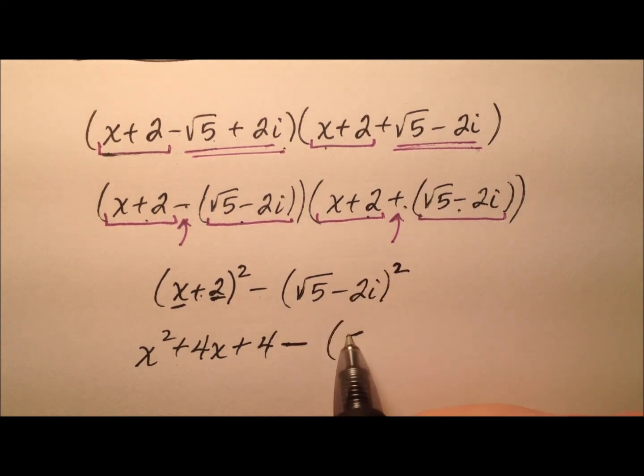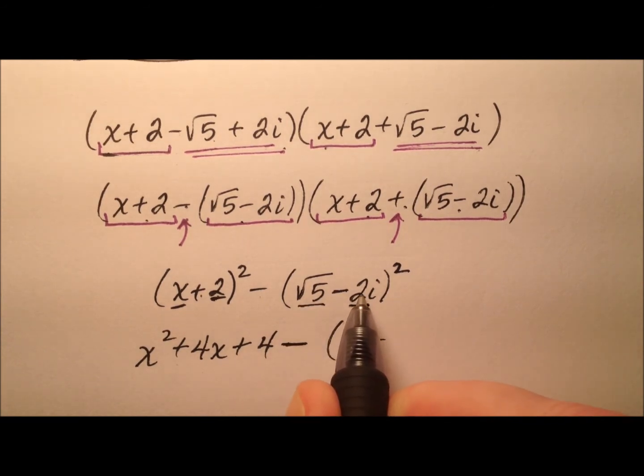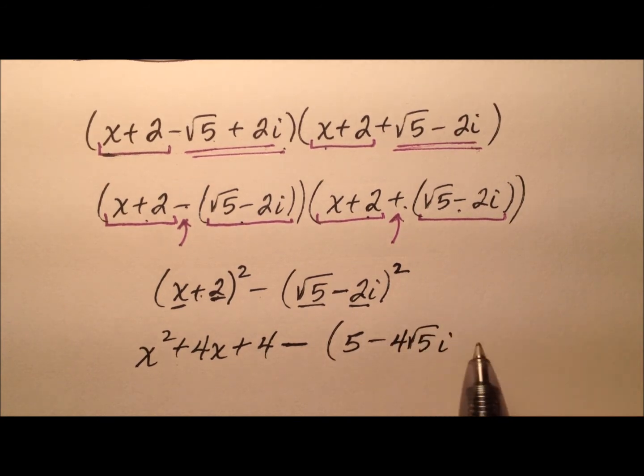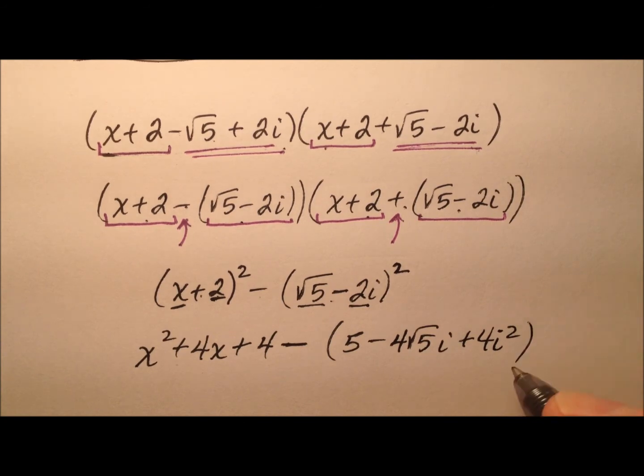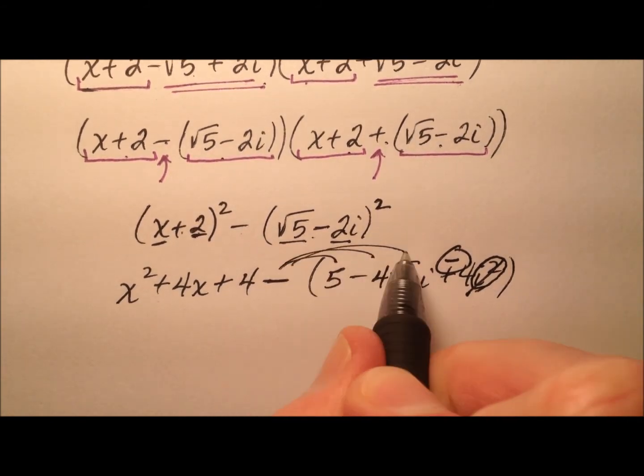So the square of the first one makes 5, minus twice the product. So double this is 4i, so I'll have 4 radical 5 i, and then square the second one, so plus 4i squared. Of course, the i squared is negative 1, so I'll change that into a minus. So let's distribute now.